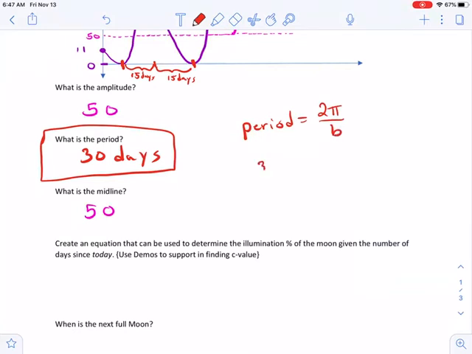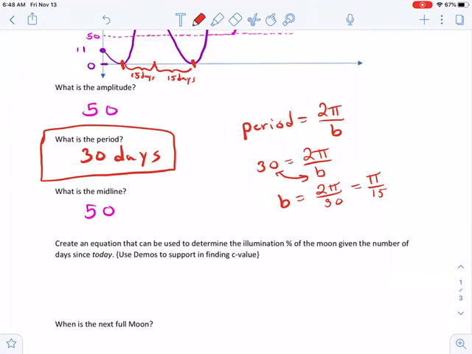So if I want my period to be 30, and I have this 2 pi over b situation, I can do this little switcheroo, end up with b equals 2 pi over 30. And some folks simplified this down to pi over 15. You can also leave it as 2 pi over 30 if you want.